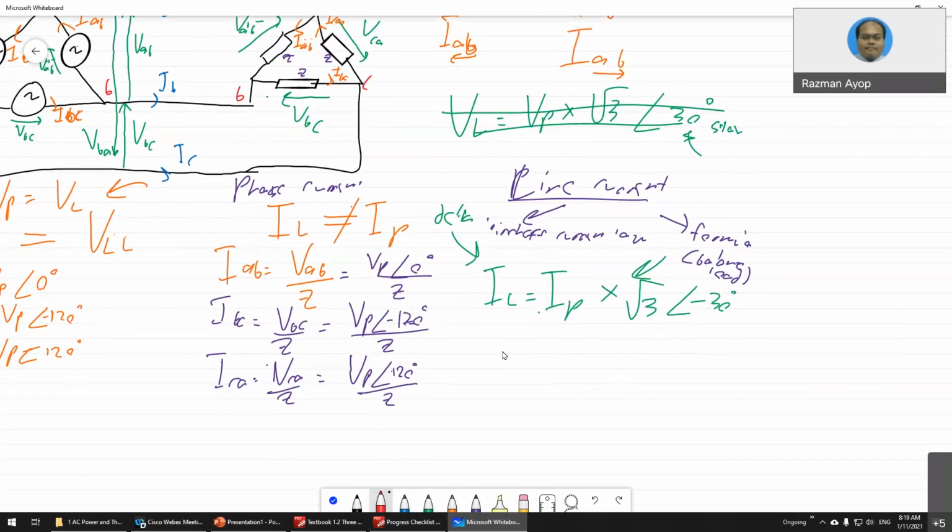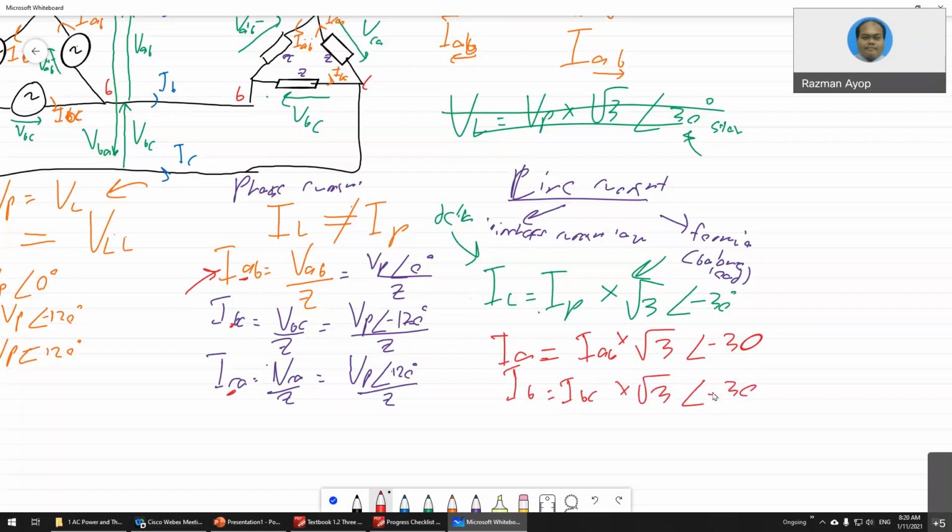So if you want to use the formula, for IA you look at the first letter. IA is equal to IAB multiplied by square root 3 angle negative 30. IB is equal to IBC multiplied by square root 3 angle negative 30.